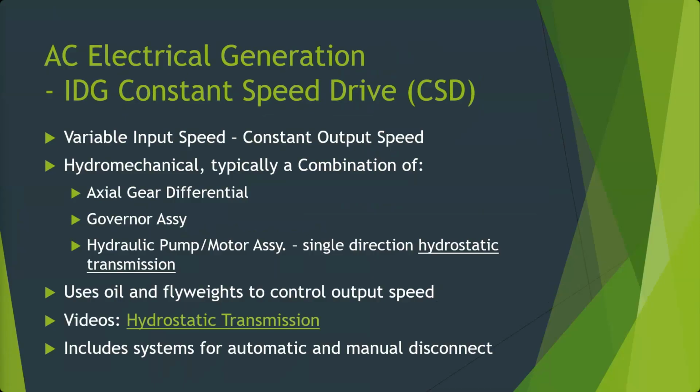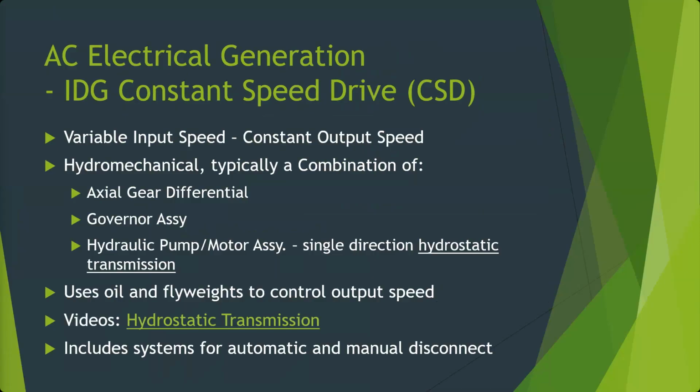So the way a hydromechanical transmission works is you essentially have a hydraulic pump and motor assembly where the pump is driven by the input shaft from the engine, and that's going to pump fluid.